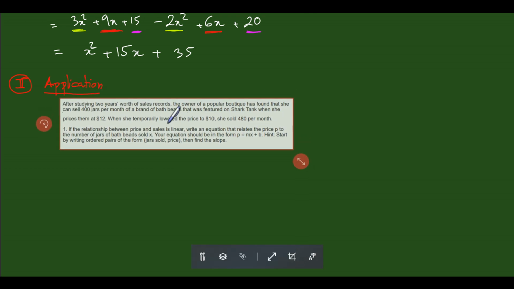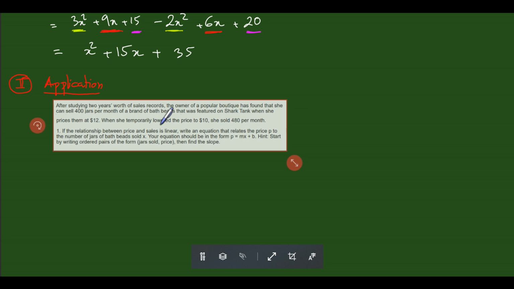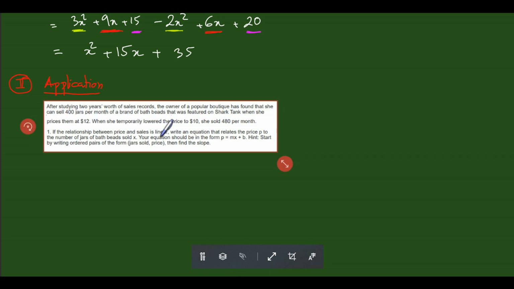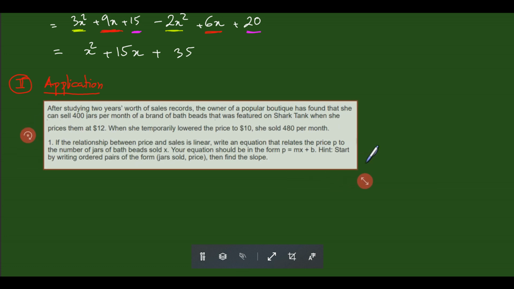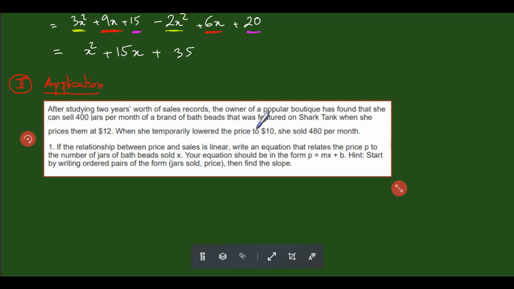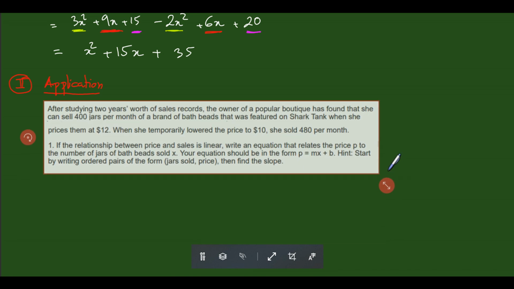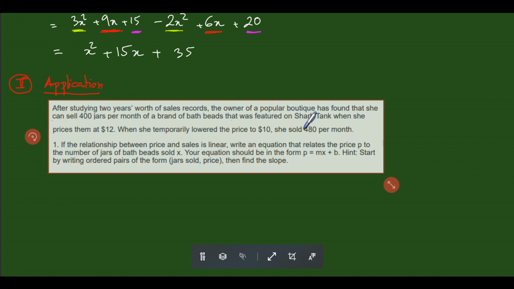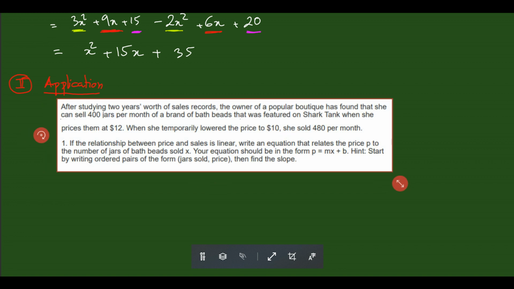Okay. Very interesting problem. Okay. Alright. Solution. So let's read the problem together first. So this is the first question. We're going to do the second question also.